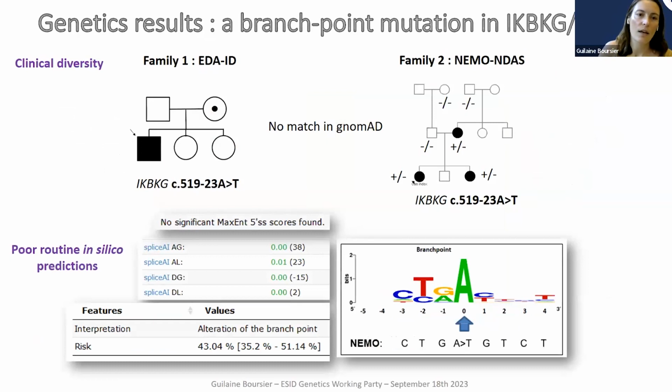In the first case, it was A to T, and in the second case, it was A to C. That explains why I presented both families in parallel. This is a good example of clinical diversity for the same mutation in the same gene.